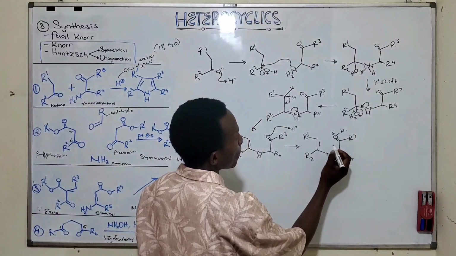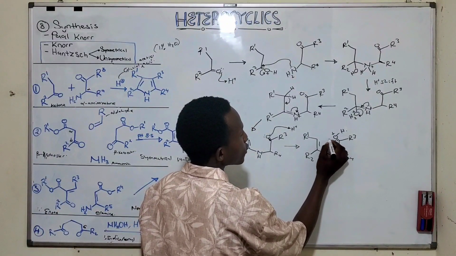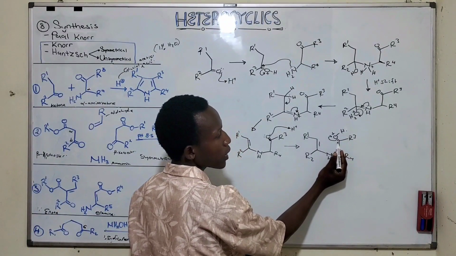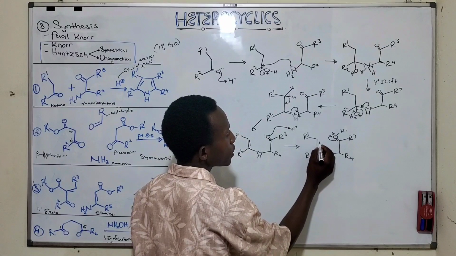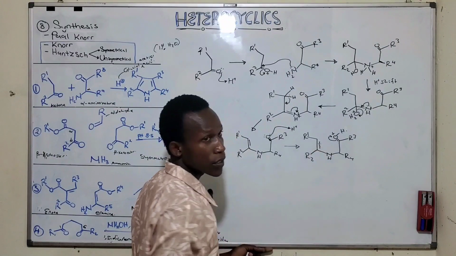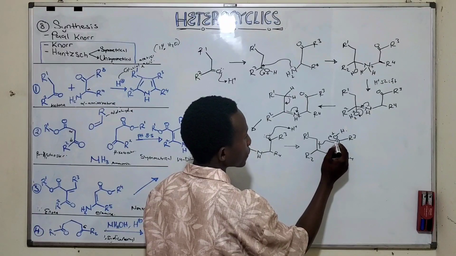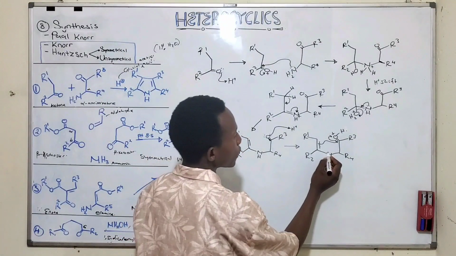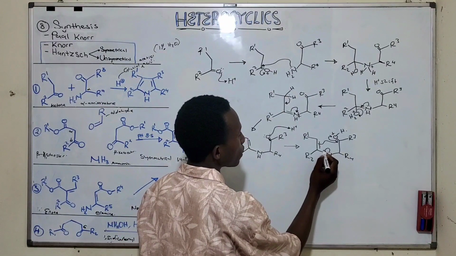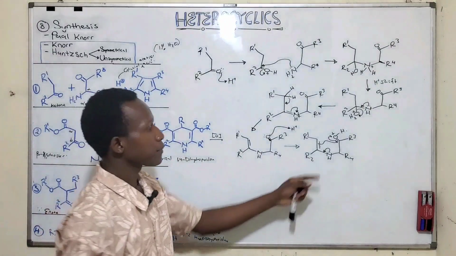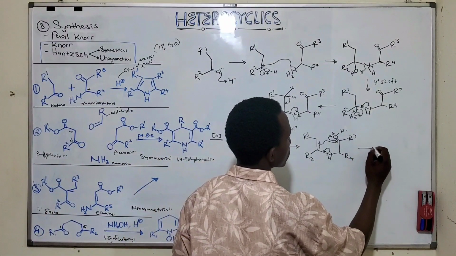Then, as it breaks off, it creates a carbocation. This bond will now come, uses its electron to attack this carbocation formed. Then nitrogen will form a bond here. So we come up with this.